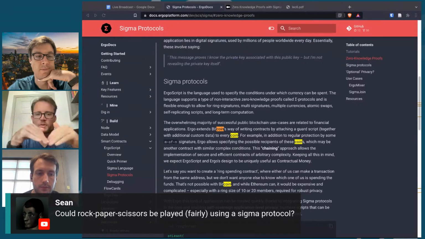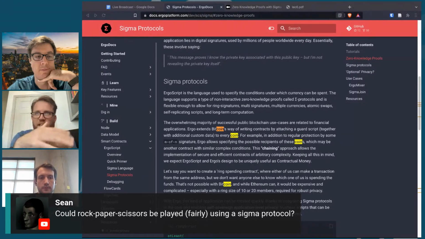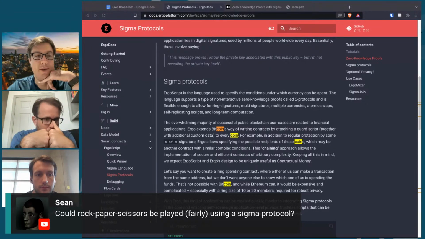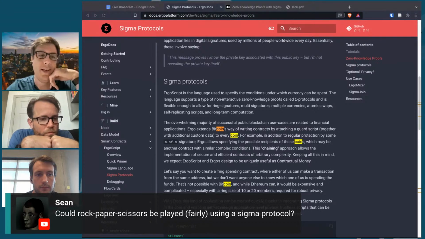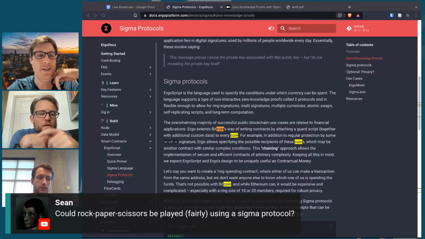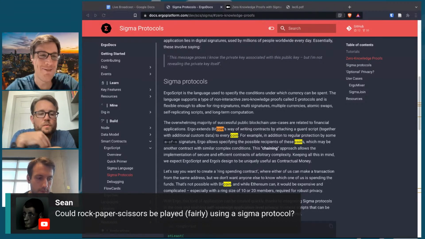You'd have to have a transaction where Alice revealed, and a transaction where Bob revealed. And then you'd have the exit transaction. Yeah, because I feel like the prover, Alice, would know if they won as soon as they got the challenge, and if they lost, they wouldn't send the Z back.